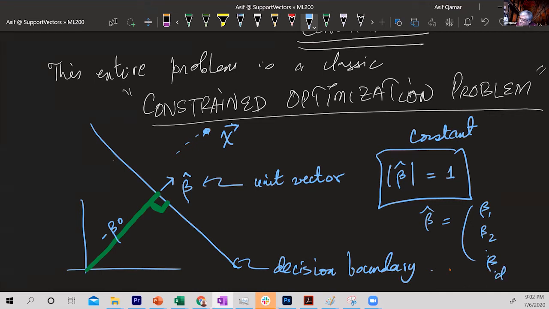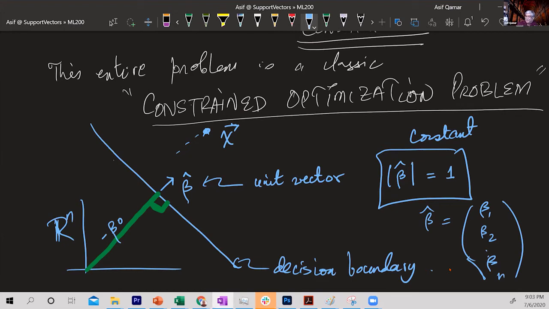Suppose there are n dimensions, then there'll be an orthonormal vector in the n dimensional space, R to the power n, the Cartesian space of n dimensions, right?